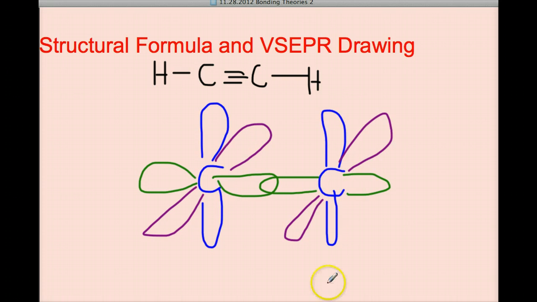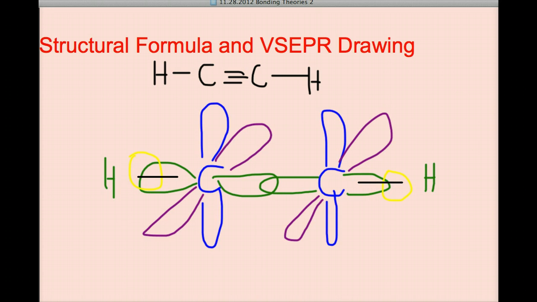The first thing we notice is there is an H on each side. So here's one H, here's another H. Let's take a look at whether they create sigma or pi bonds. Here we have a bond on the axis and a bond on this axis.